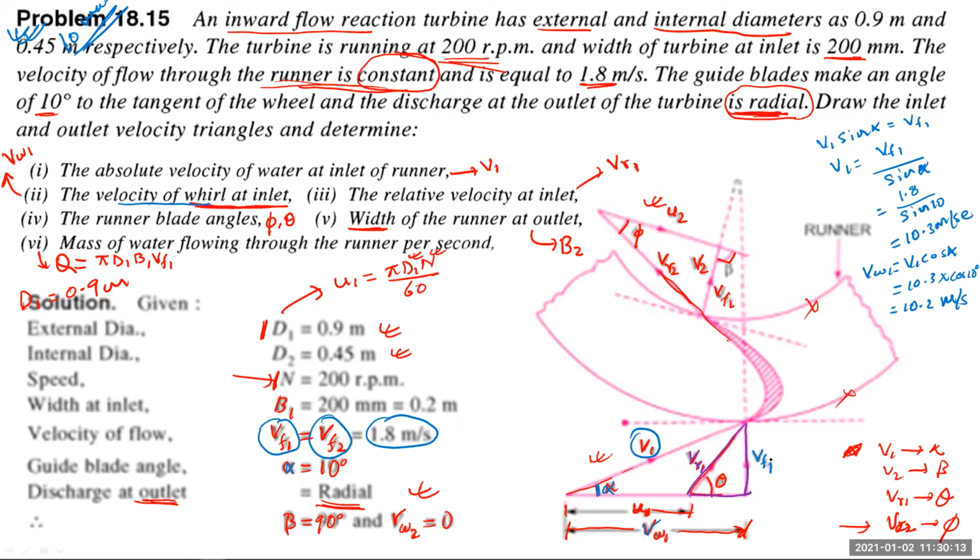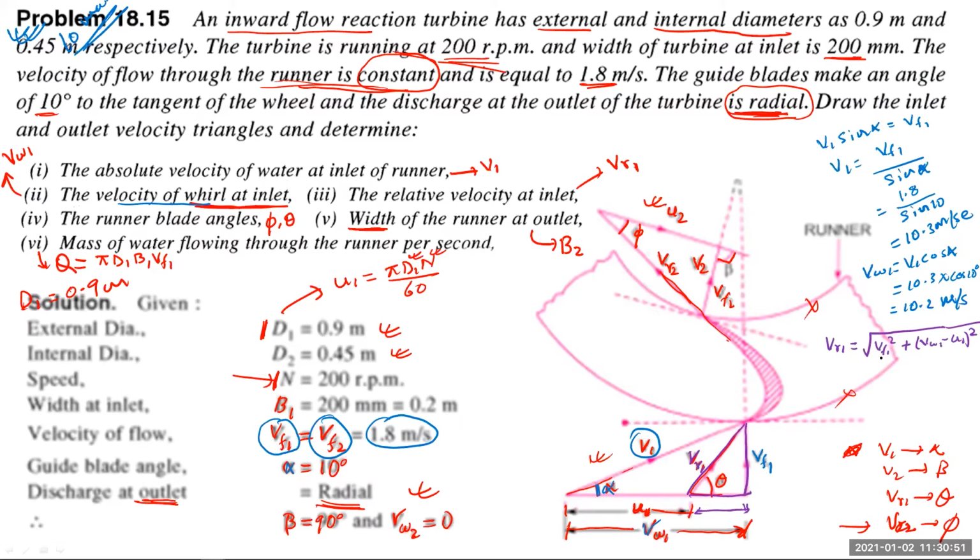So Vr1 equals root under Vf1 square plus this much amount. And what is this much amount? This is nothing but Vw1 minus u1, squared. The entire length is Vw1 and this is u1, so this will be Vw1 minus u1.